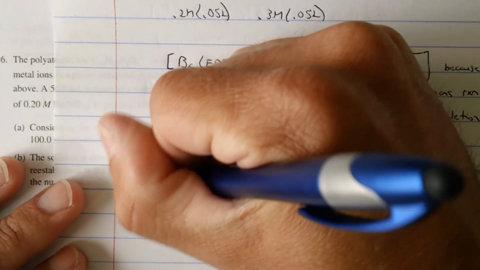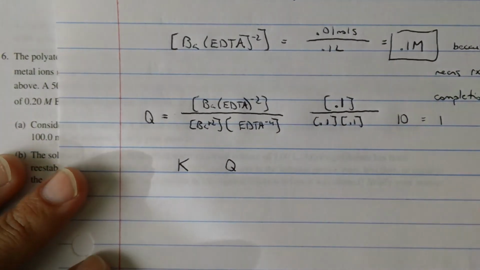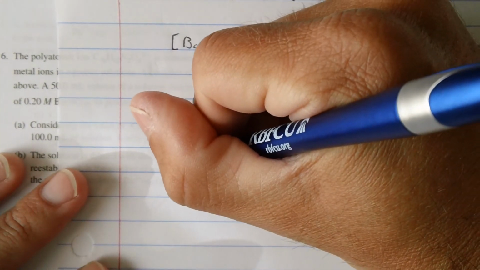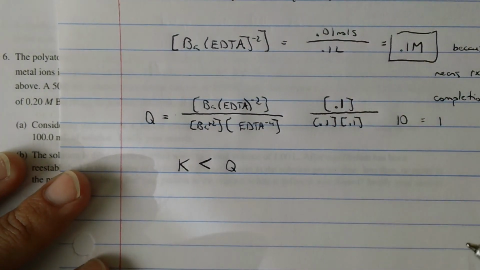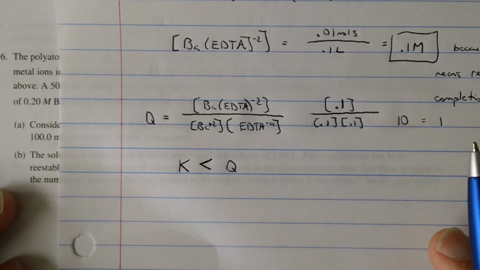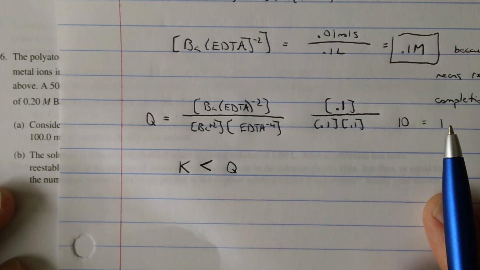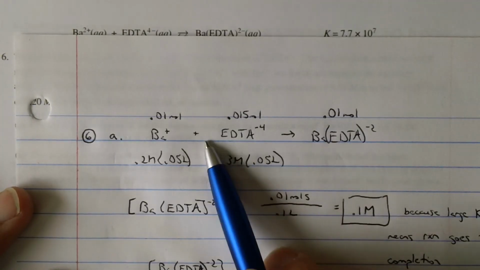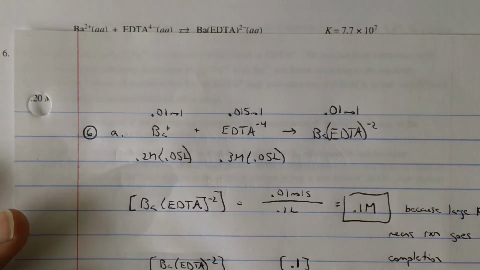And so when we set these things up, Q is greater than K, which means this reaction is going to shift towards reactants when we change those concentrations.